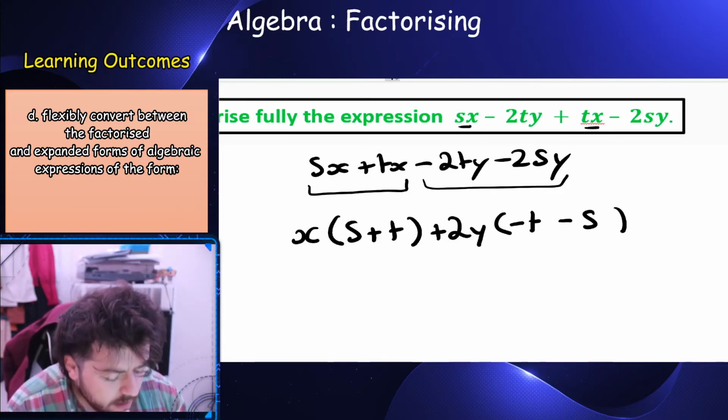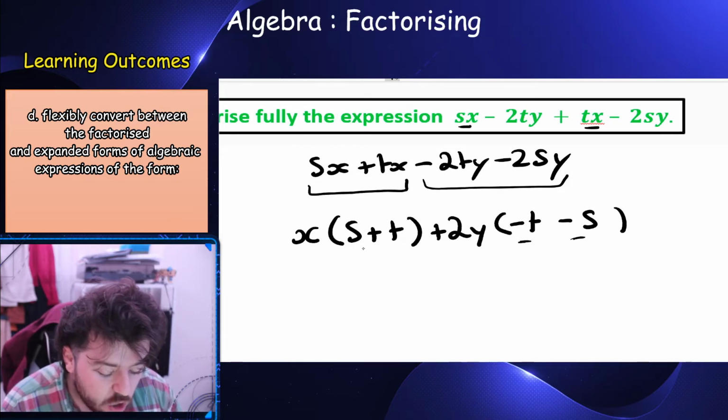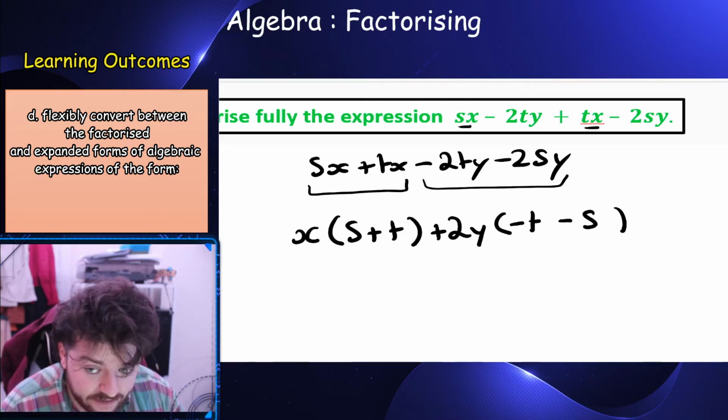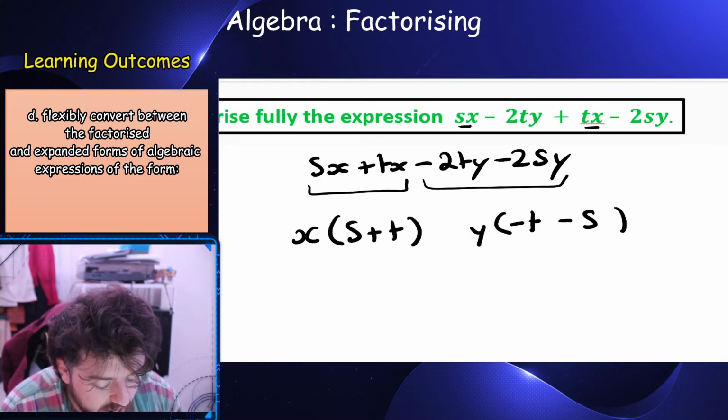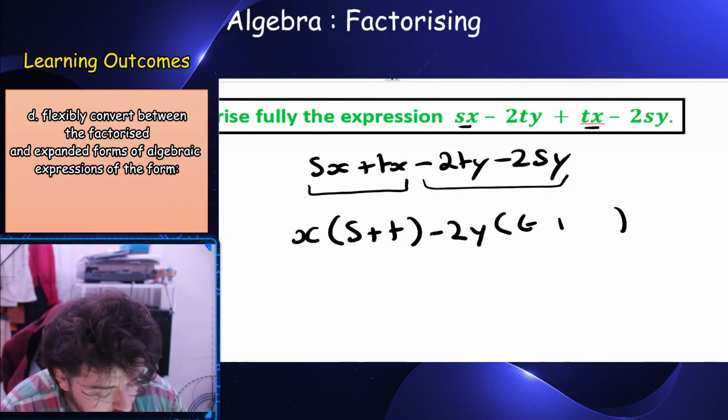So what the problem is here, I have a minus t minus s. It's just this bracket, but each term here is multiplied by a negative number. So to rectify this, if I change the sign of what's outside the bracket, I can change the sign of what's in the bracket. So it'll be t plus s.